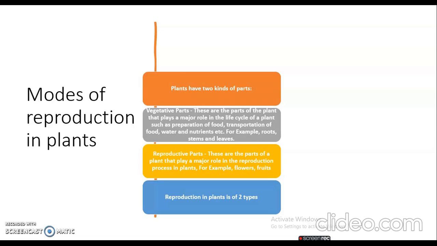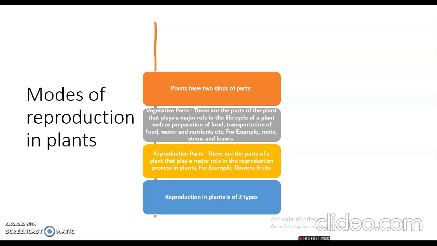For example, roots, stems and leaves. Reproductive parts. The parts of the plant that play a major role in the reproduction process of plants are known as reproductive parts. For example, flowers, fruits, etc.